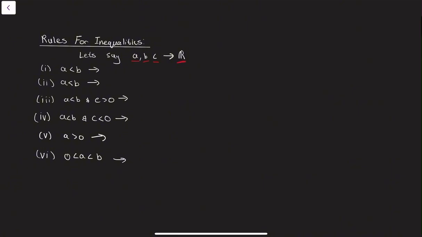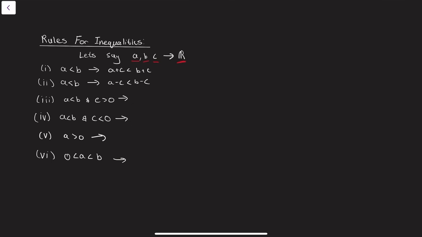But we have A plus C being less than B plus C, which makes sense intuitively if you're just adding a constant to both sides. If you're adding a constant to both sides, you maintain the inequality sign. And likewise, A minus C is less than B minus C when A is less than B. Again, makes sense intuitively.